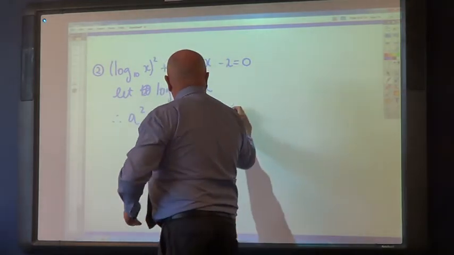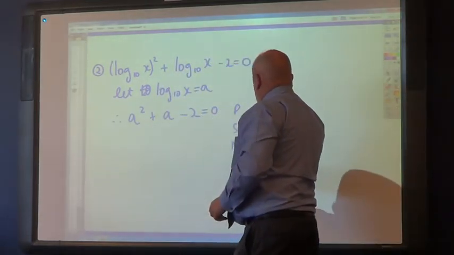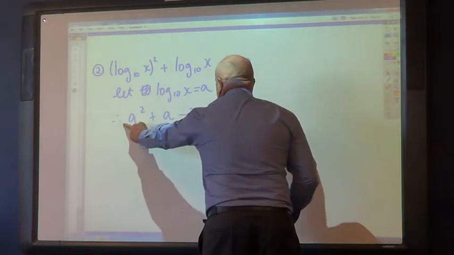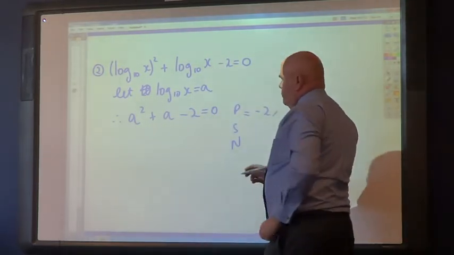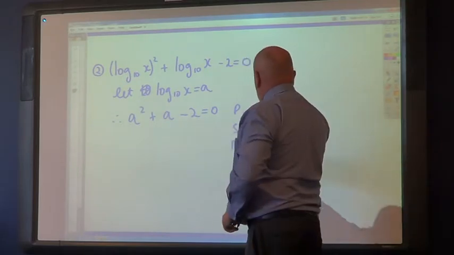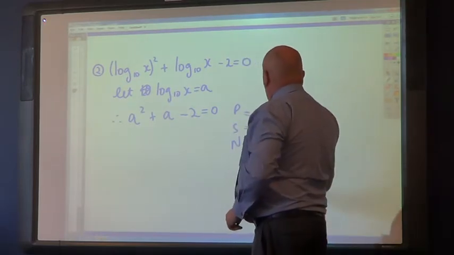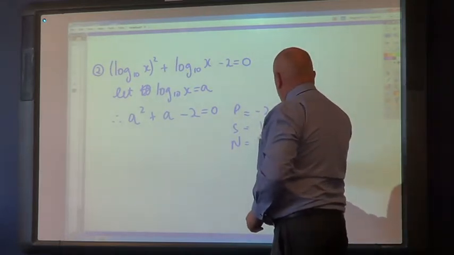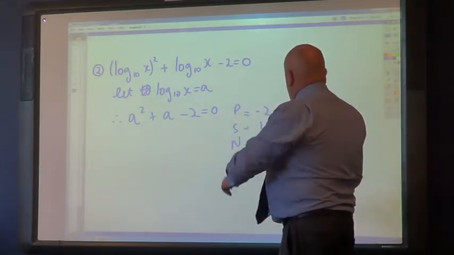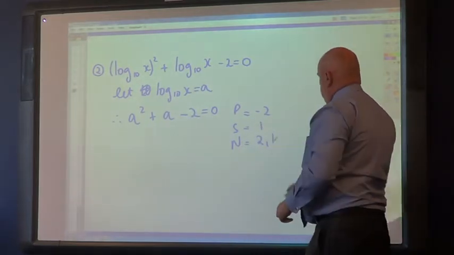So what have we got here? We're going to use product sum number again. The product is 1 times negative 2 equals negative 2. The sum is the coefficient of the middle term, which is 1. The numbers we are after, one of them has got to be negative. It's going to be 2 and 1, and the larger in magnitude must be positive.